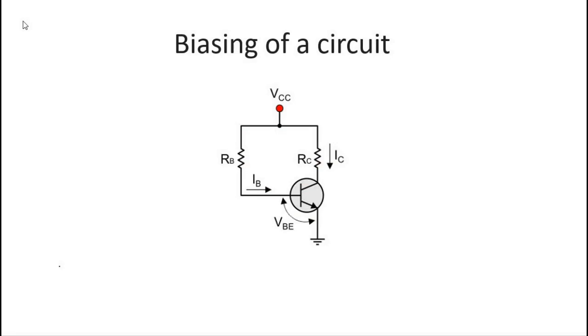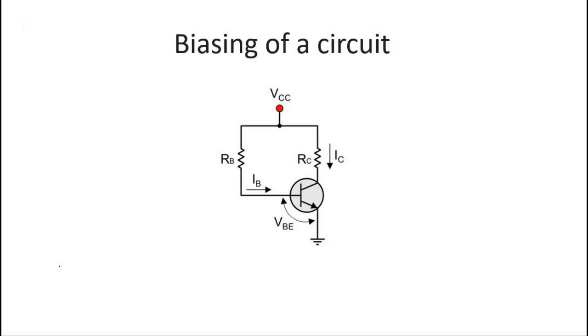In previous lectures, we have discussed biasing. What is biasing? In terms of a diode, biasing means applying a voltage source either in the positive or in the negative direction. But in terms of a circuit, biasing is the process of providing a DC voltage which helps in the functioning of the circuit.